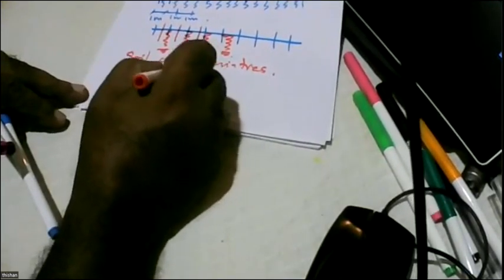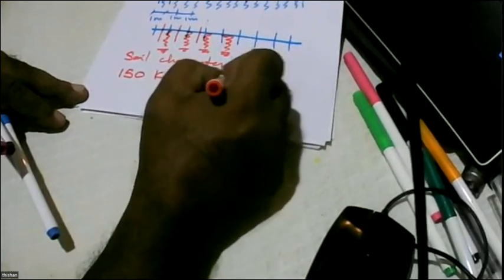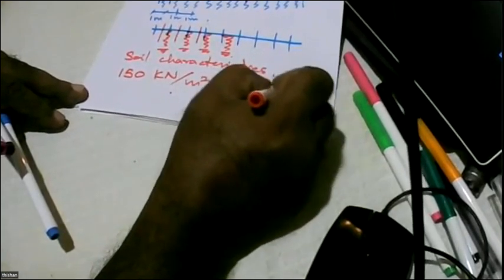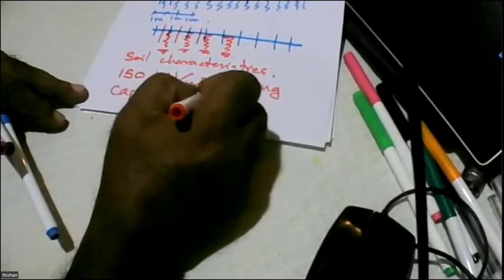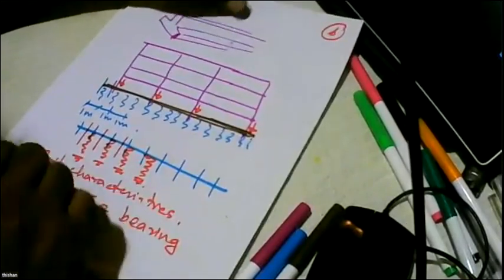Now let's say we have a soil with 150 kilonewtons per meter square bearing capacity. Now, do you know what is the meaning of this? When I say the bearing capacity of soil is 150 kilonewtons per meter square, what is the actual meaning of that?